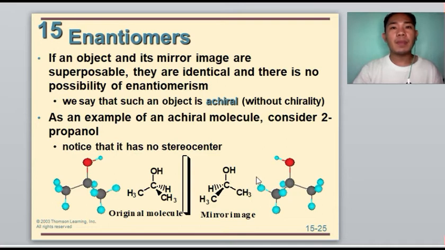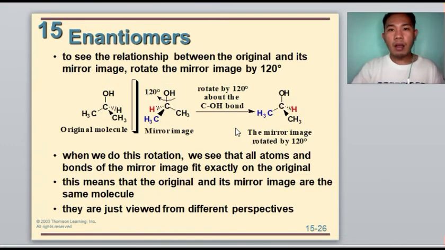This time, let us rotate the mirror image by 120 degrees about the C bonded to OH, and then compare it to the original.